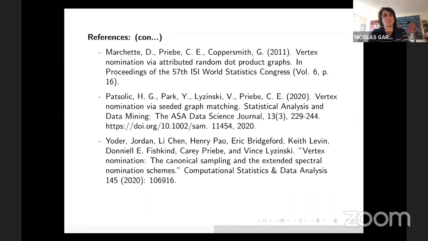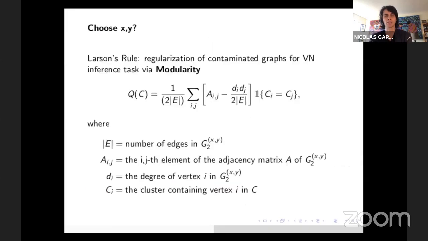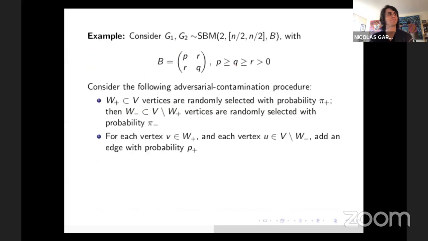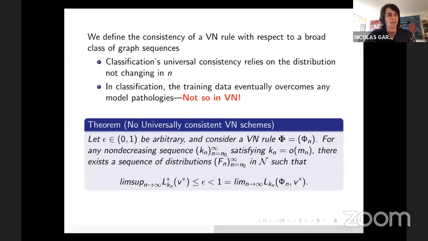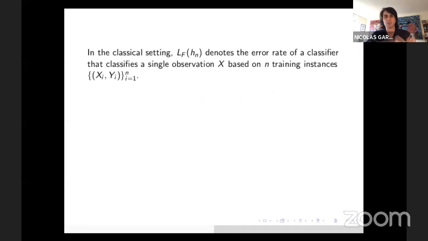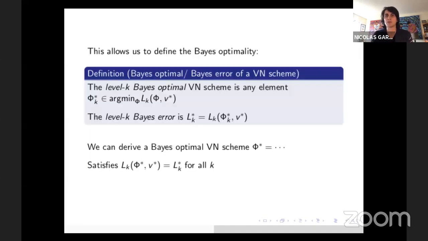Of course, when we talk about consistency, it matters the model, I guess, but also your class of functions, let's say for the classification analogy. But here, my impression, or maybe I missed something, is that you're looking for arbitrary nomination functions, like arbitrary nomination schemes.